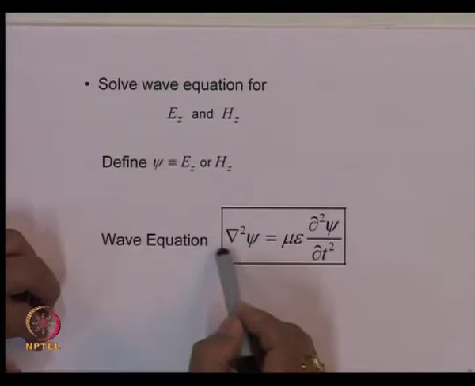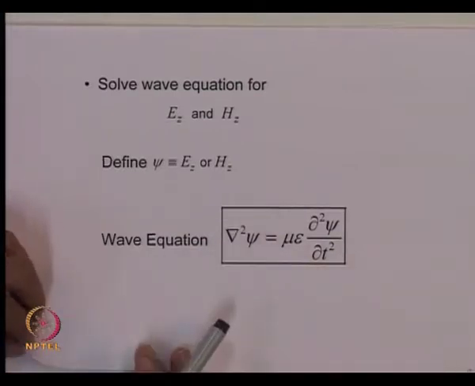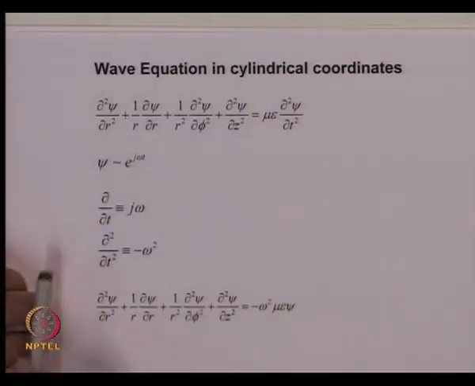First, let us expand this quantity del square in the cylindrical coordinate system, and if we do that, we get the wave equation which will look like that.